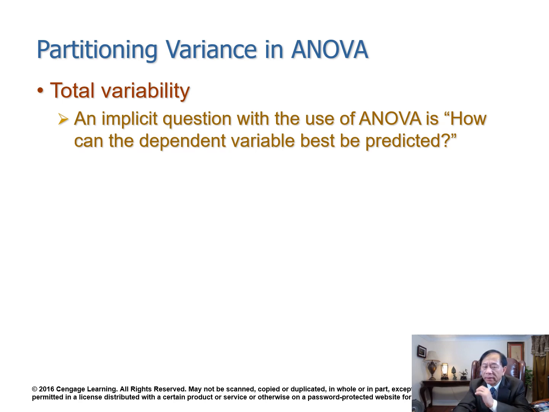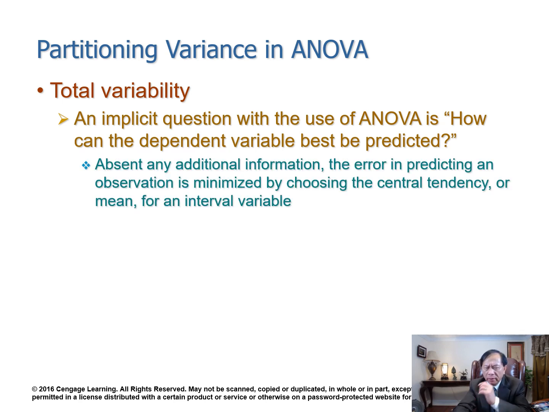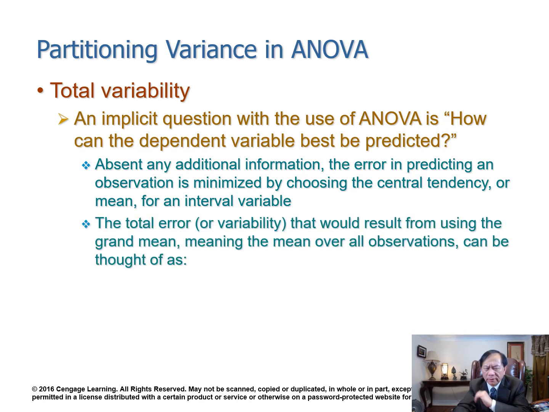How can that be predicted, by looking at the variability. Absent any additional information, the error in predicting an observation is minimized by choosing the central tendency, or the mean, of an interval variable.